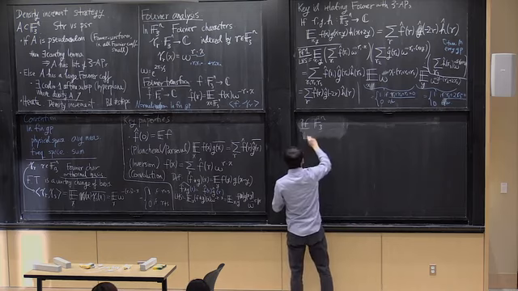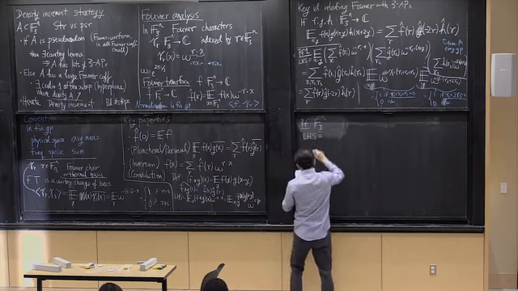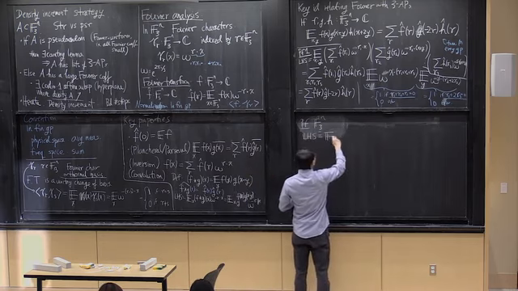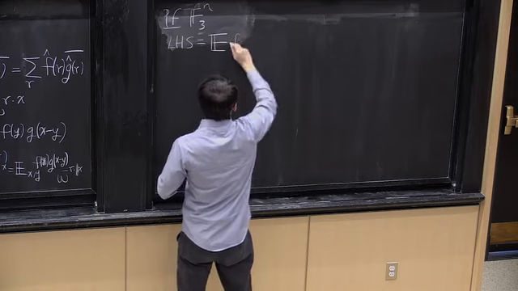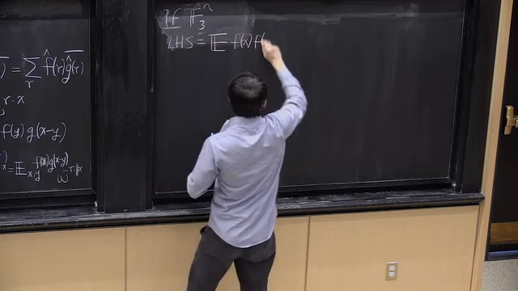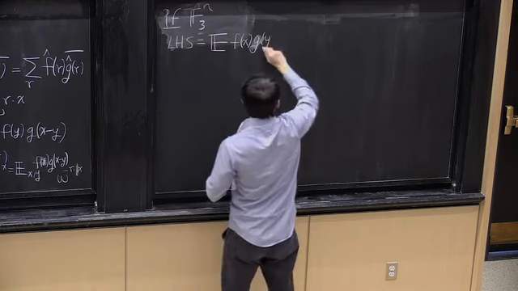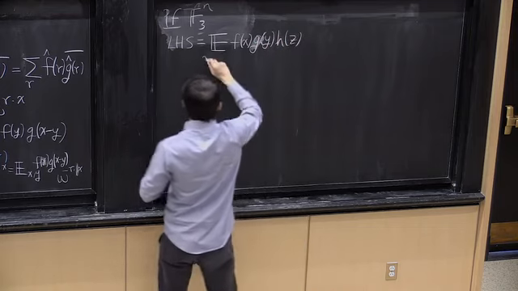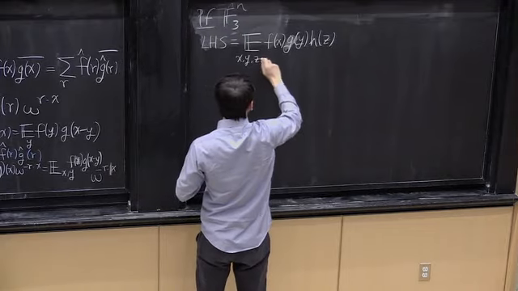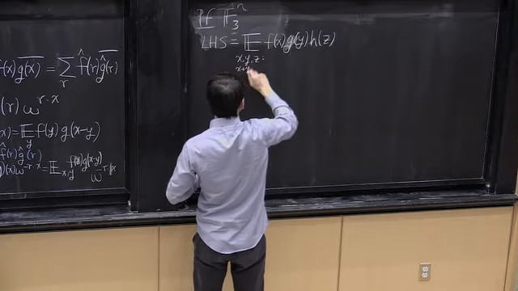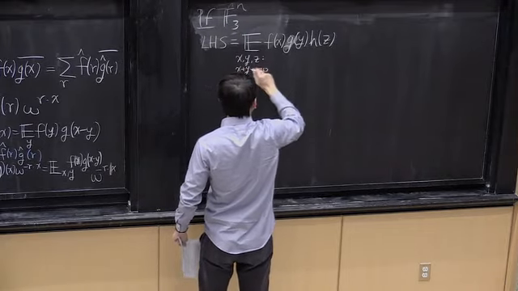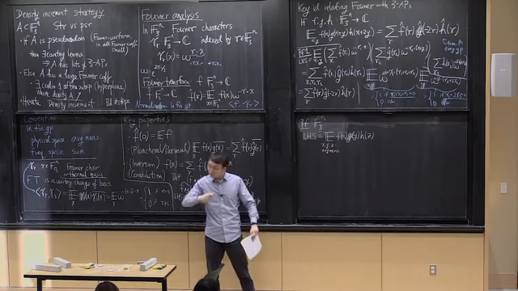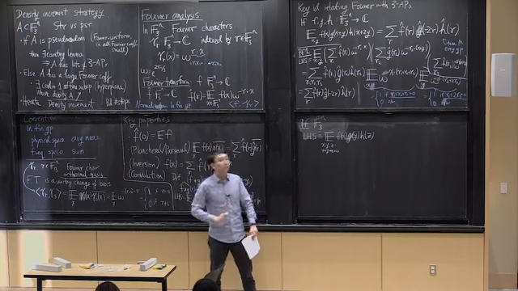The left-hand side, I can rewrite it in the following form, where I take the expectation over all triples x, y, z that sum to 0, because a 3AP is the same as 3 points in the vector space summing to 0.